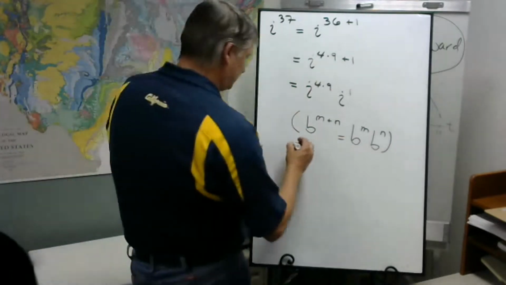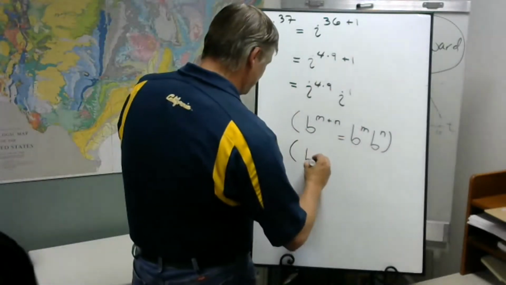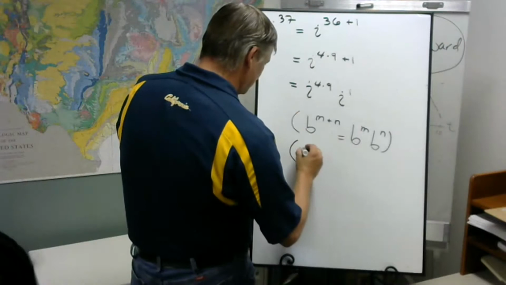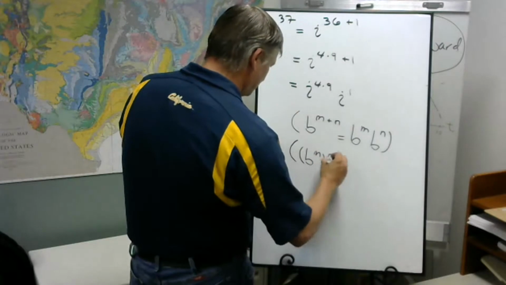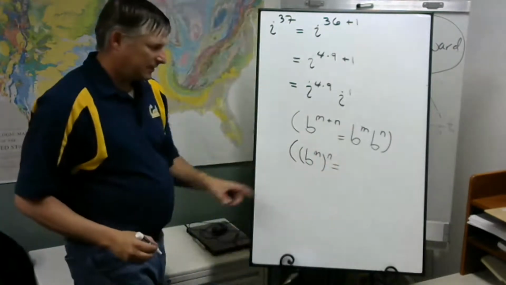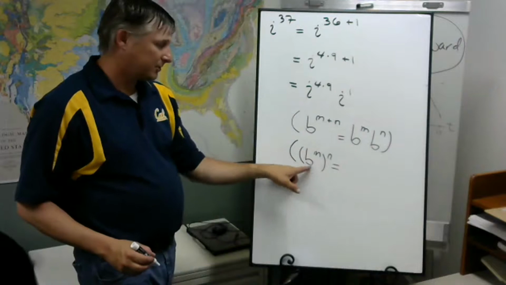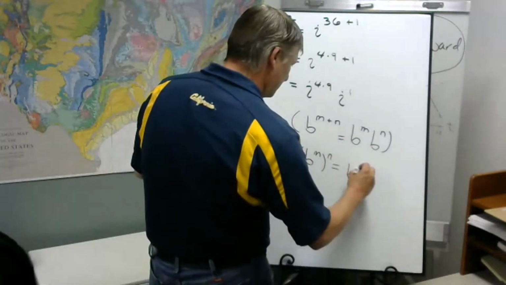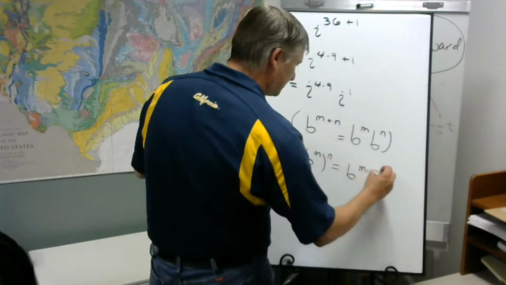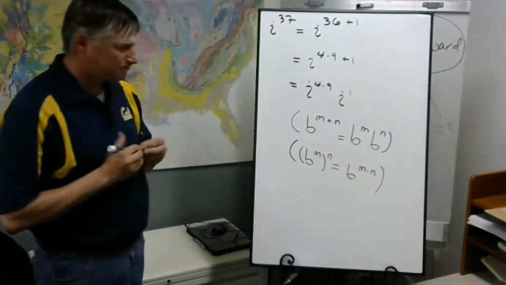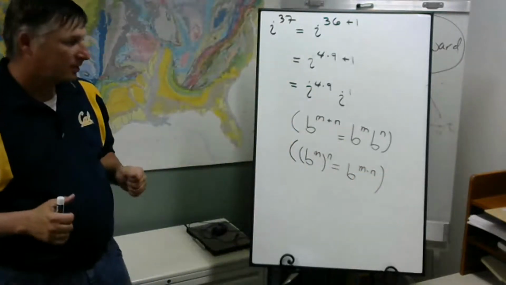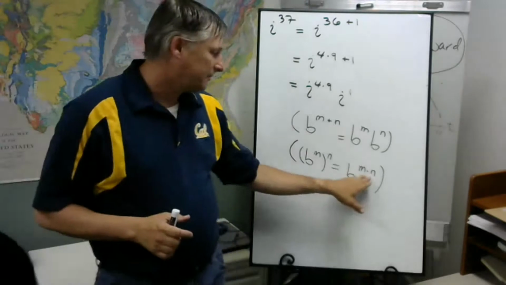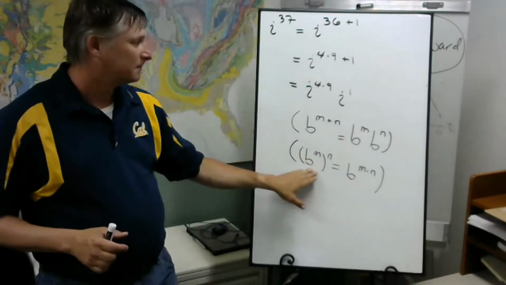Now there's another rule that goes like this. If you have an exponential expression and you give that a power, you multiply the exponents. Or you can go backwards. You can start with this and go to here.